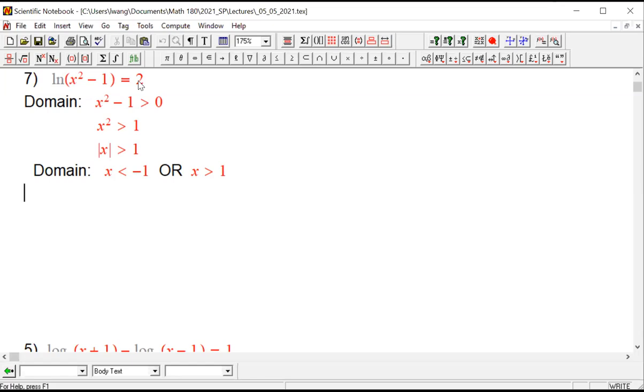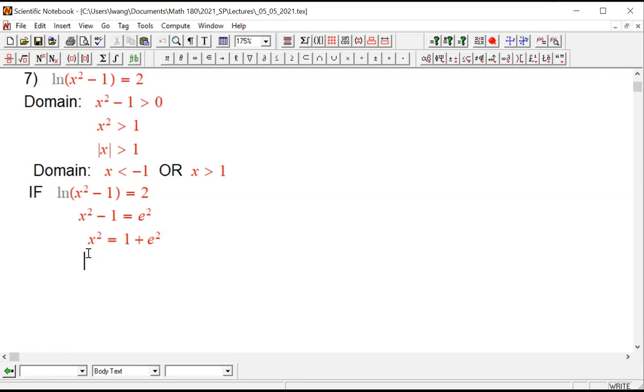If this is true, I'm going to put the if statement here just so you understand. We are working with the if statement. Then x squared minus 1 equals e squared. Then x squared equals 1 plus e squared.